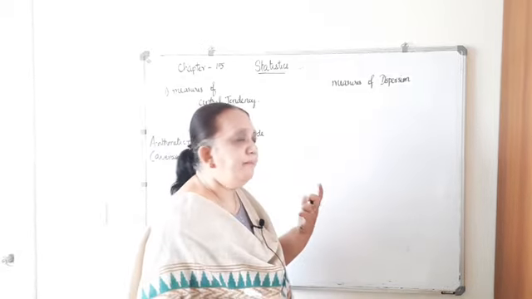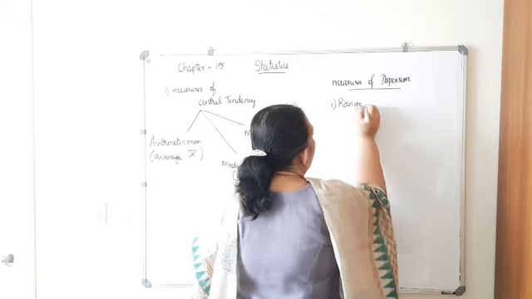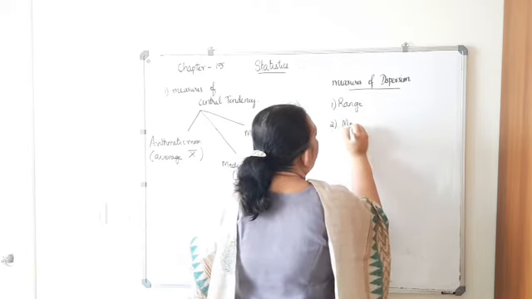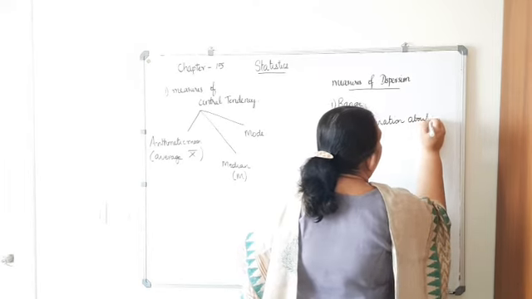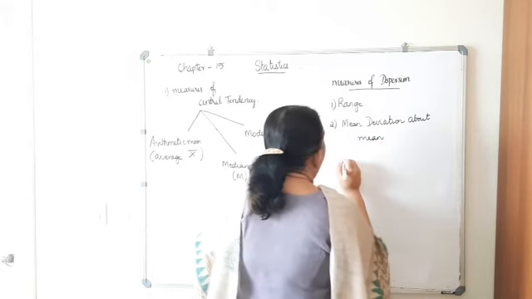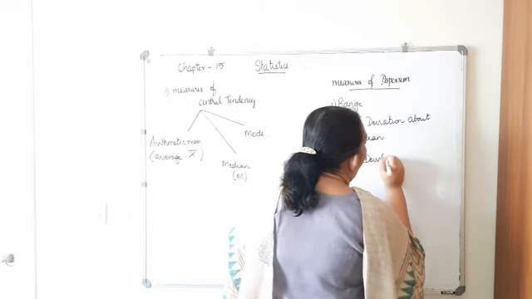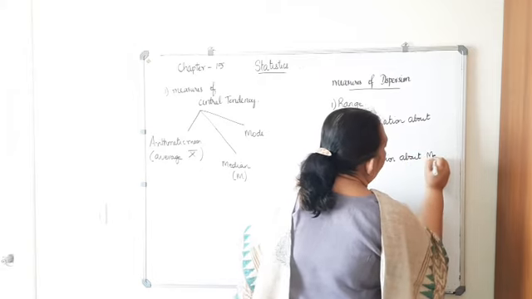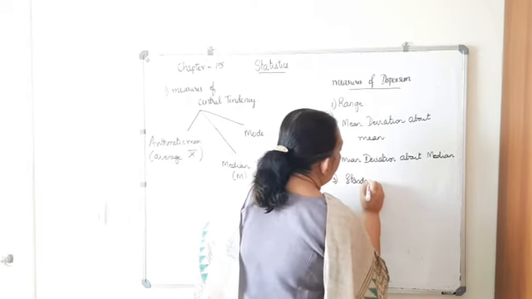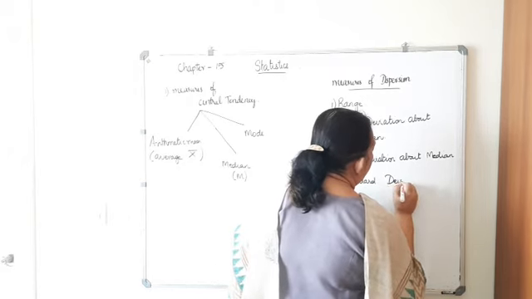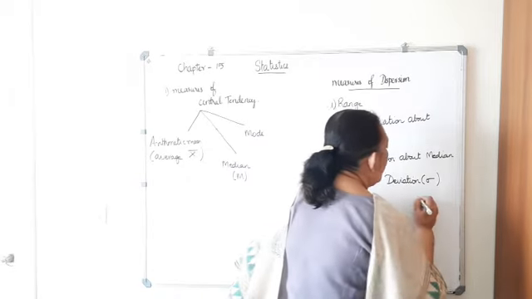Measures of dispersion. There are many measures of dispersion, but in your syllabus the included ones are the range; second, mean deviation about mean; mean deviation about median; and the third one is the standard deviation, denoted by small letter sigma.